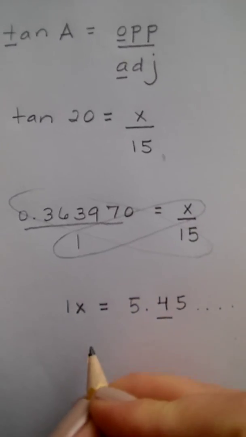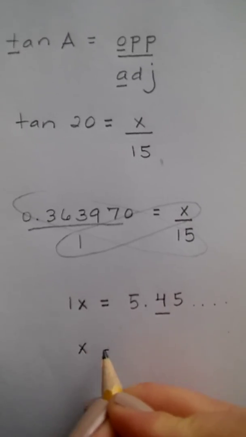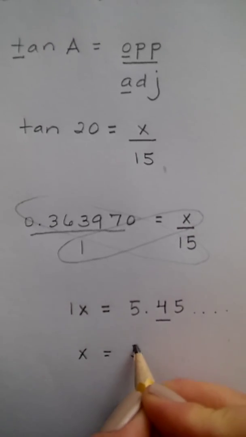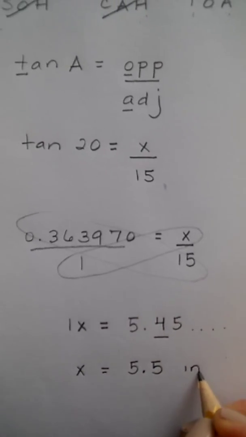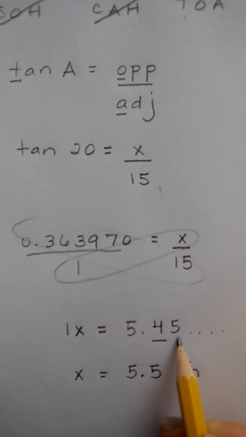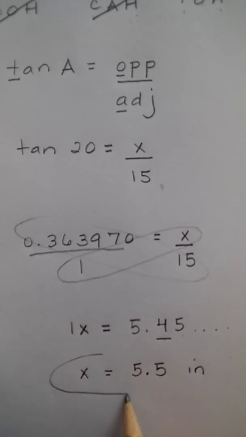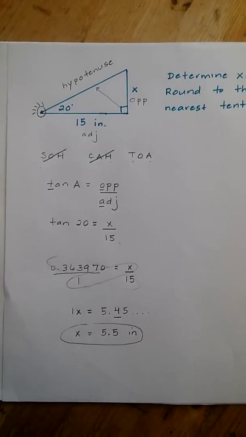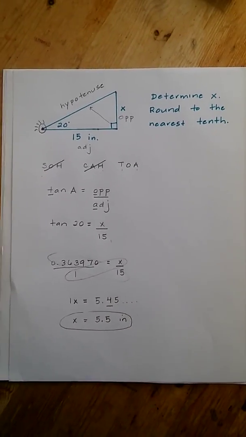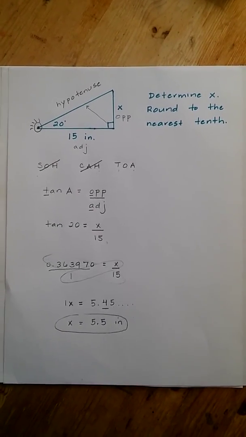So looking at what I have here, I am actually going to have a final answer of 5.5 inches. This 5 makes me round up so that there's a 5 there. So what we just found out is the opposite leg of this triangle, and it is 5.5 inches.